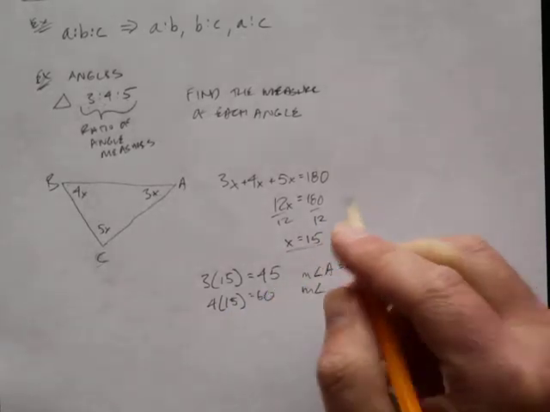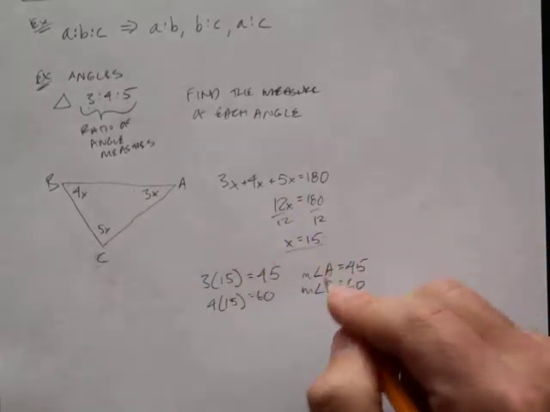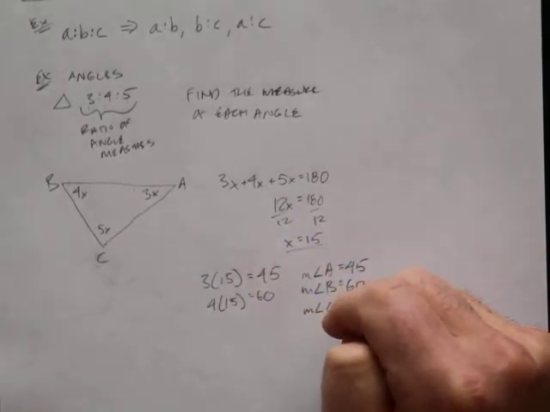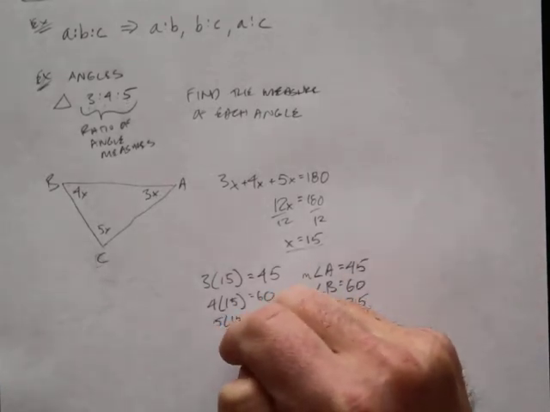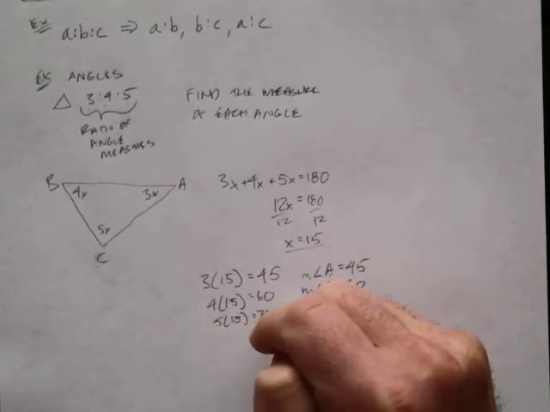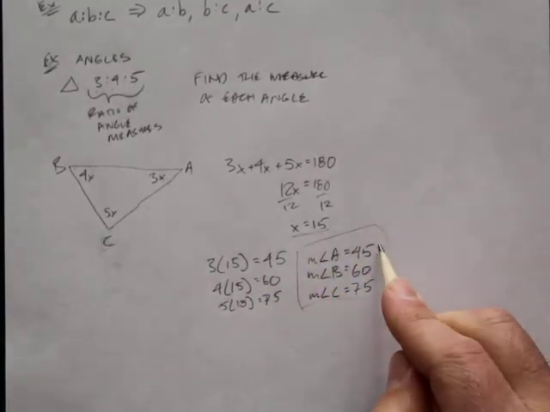Measure of angle B equals 60. And then another 15 was going to be C. Measure of angle C is 75. That's 5 times 15 equals 75. So this would be my answer, in degrees here.